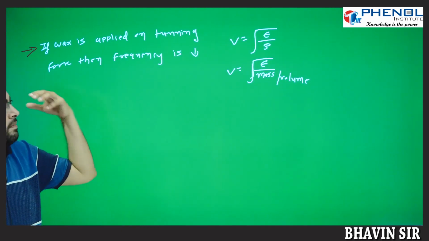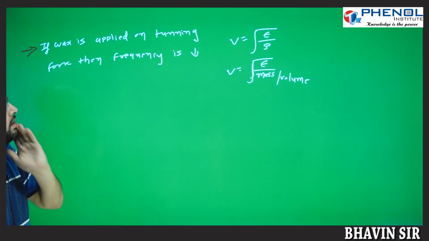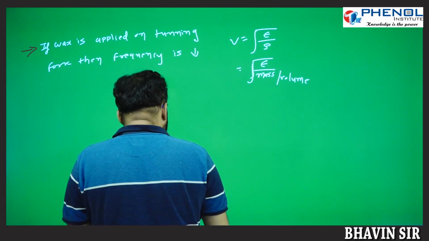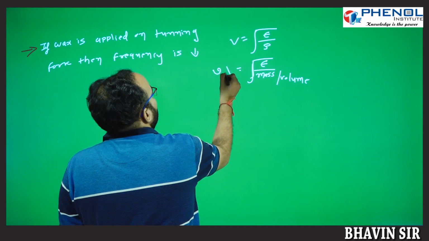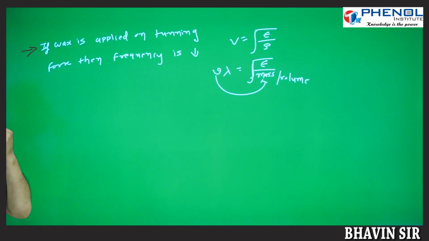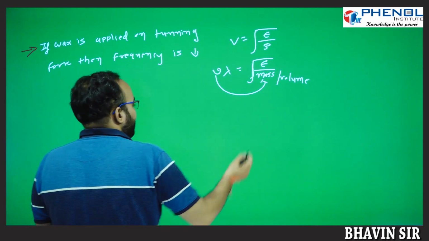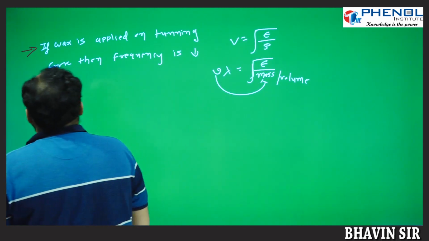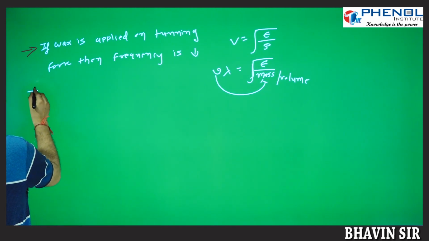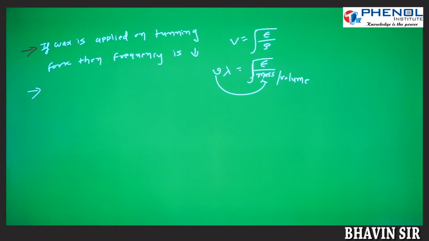When we load it, the mass increases. Now speed equals nu lambda, so they are inversely proportional. So mass increased, so frequency decreased. So when we apply wax on the tuning fork, wax meaning some type of load, the frequency is decreased.